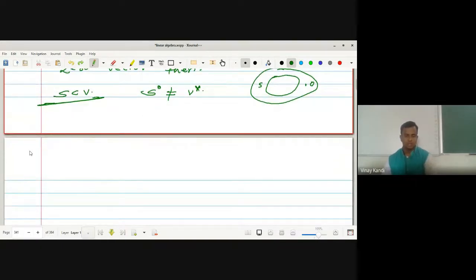By the previous theorem we know why the annihilator of S is not equal to V star.